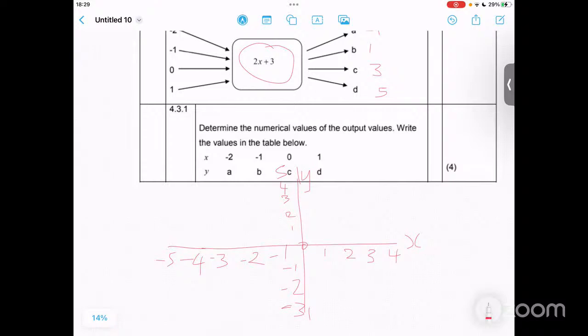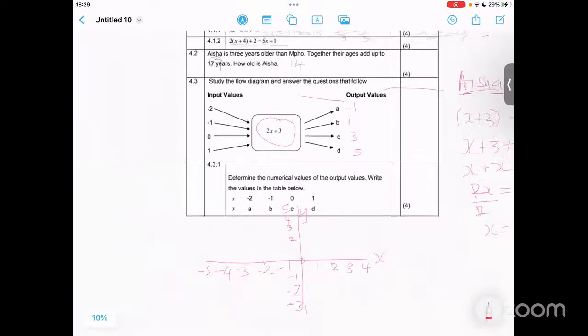-2 on the x axis. Okay, so it's going to be this one. And which other coordinate does it go with? Is it -2 and what?